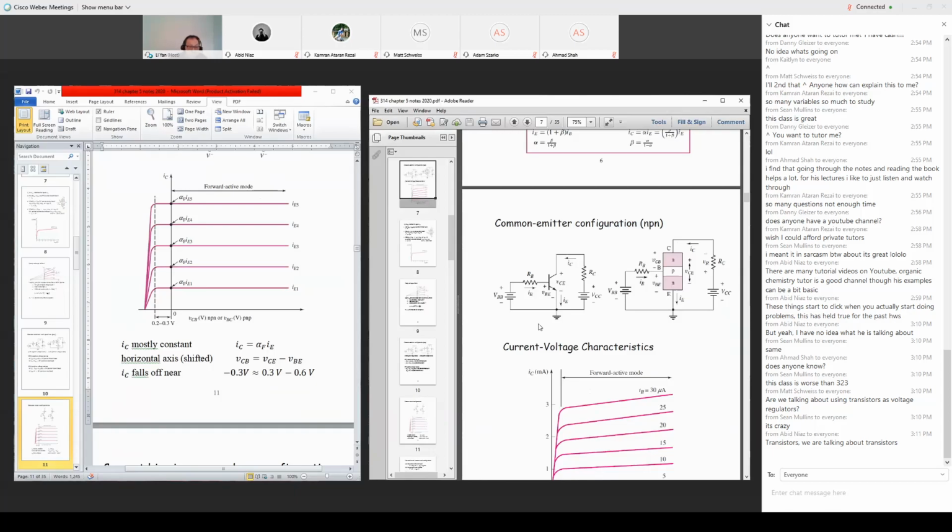Okay, question. This is a basic configuration, but this is still not yet the amplifier. Particularly when you say amplify, we talk about the AC amplifier or analog signal, so the signal going up and down, up and down. That means an AC source will be introduced into the circuitry.